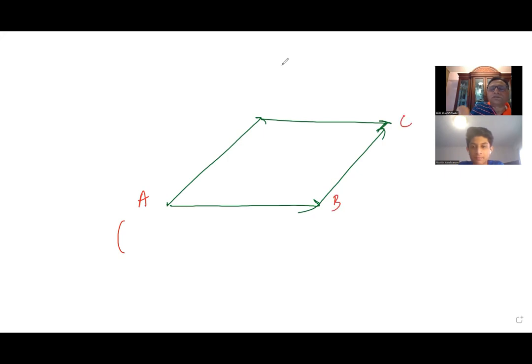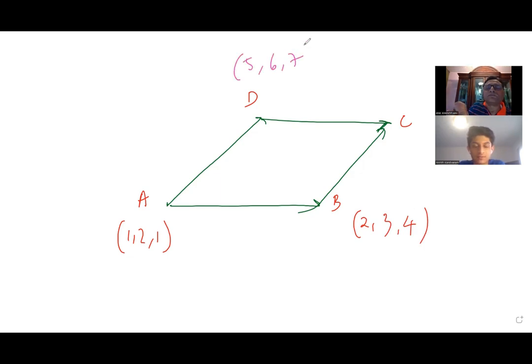Give me some random numbers. Yes, sir. We can take A like 1, 2, 1. B we can say like 2, 3, 4. And D we'll say 5, 6, 7. Perfect. That means you have this parallelogram in R3.